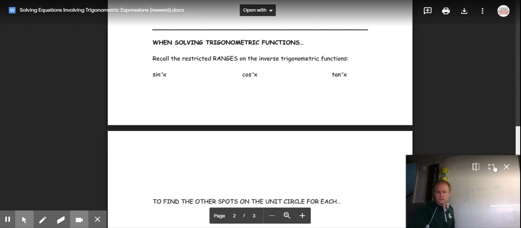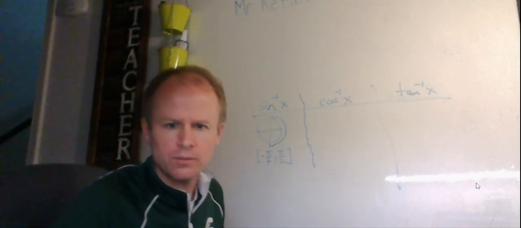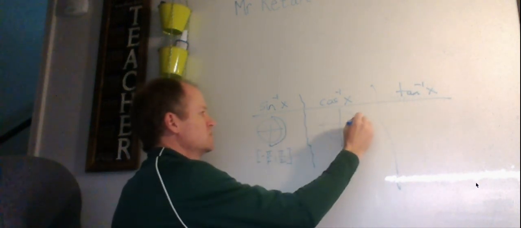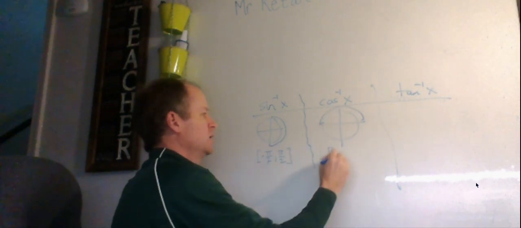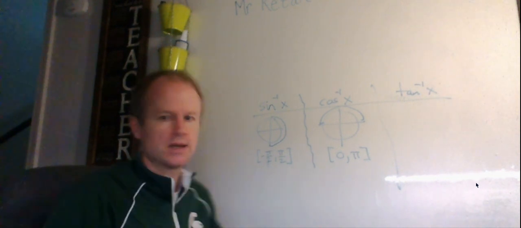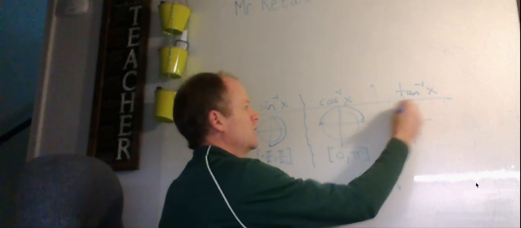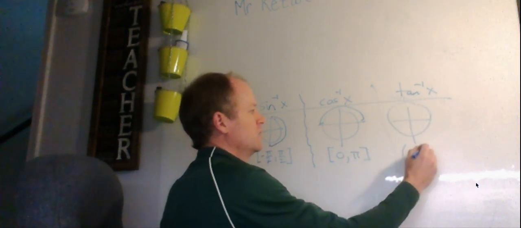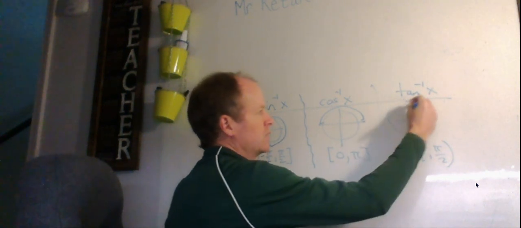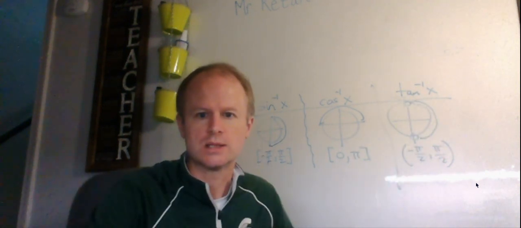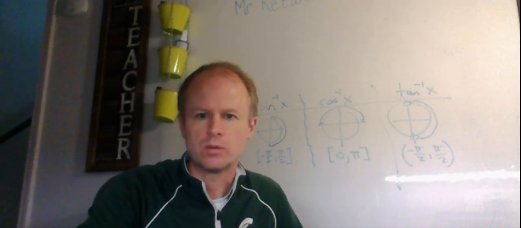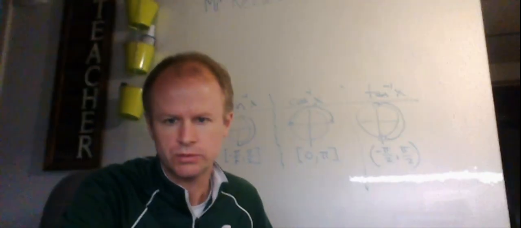Cosine inverse is restricted to 0 to pi in the range, because that covers all the x's. And then tan is slope, and that's restricted from negative pi over 2 to pi over 2. The reason it's not including negative pi over 2 and pi over 2 is because we can't find the slope at those endpoints at the top and the bottom. So that's why we restrict it, and we don't include the endpoints.